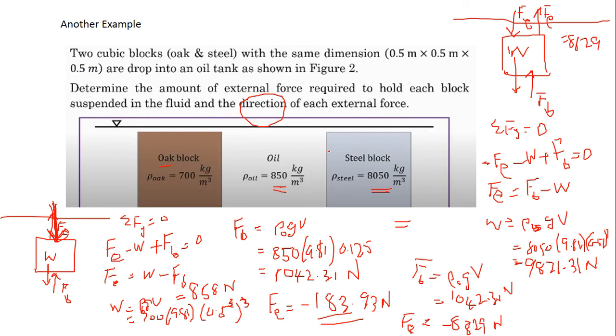Same with the oak earlier. Because the density of oak is 700 and the density of oil is 850, in natural position without external force the block should float. It will float on top because its density is lower.